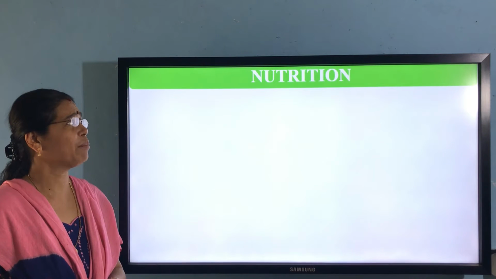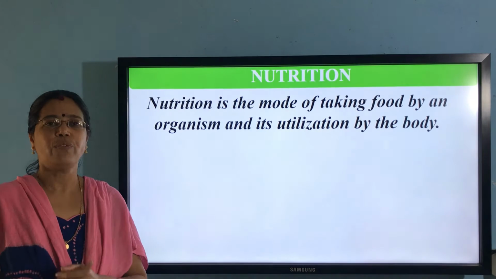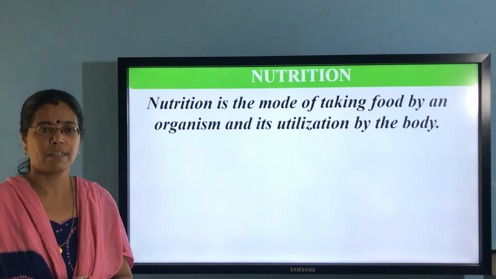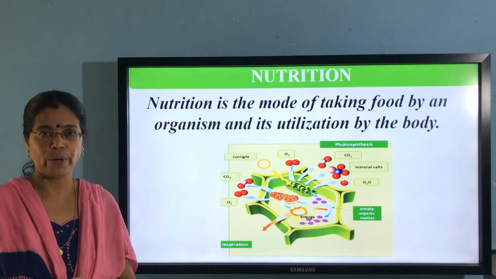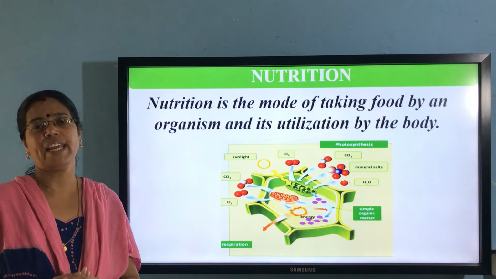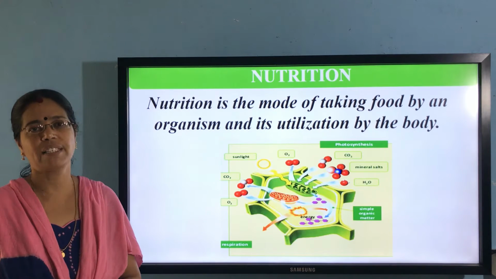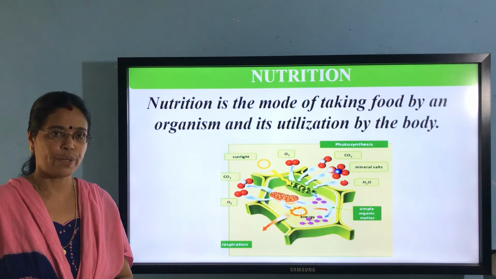Then what is meant by nutrition? The living beings take food in various forms, and the food will be utilized in the body and energy will be supplied. So, the mode of taking food by the organisms and how the food is utilized in the body is known as nutrition.